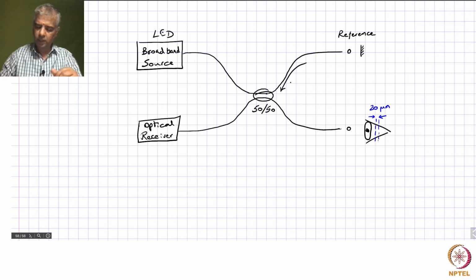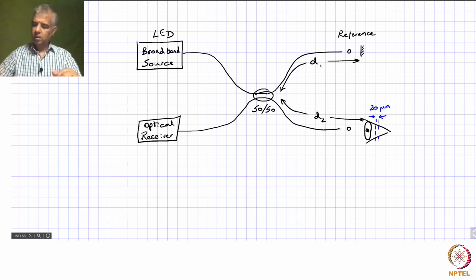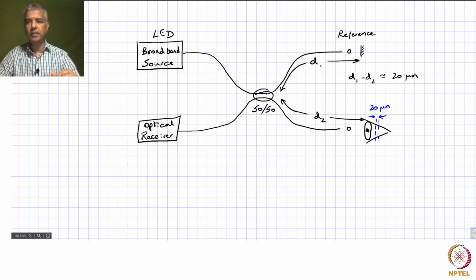Okay, so when we're talking about path length differences, let's call this D1 and let's call this D2. So for D1 minus D2 in the order of 20 microns, it's going to be able to produce an interference fringe.